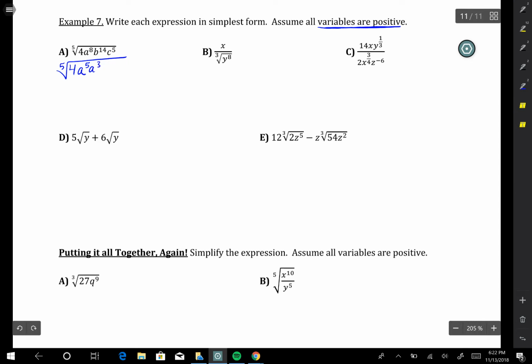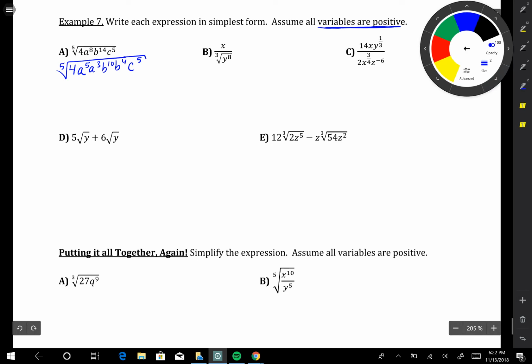I'm going to rewrite b to the 14th as b to the 10th times b to the 4th. And then leave c to the 5th as is. Now, I have a to the 5th, b to the 10th, and c to the 5th, which are all perfect 5th powers.